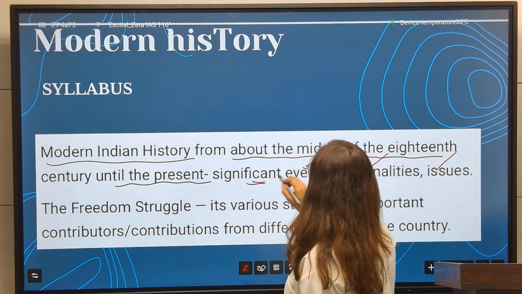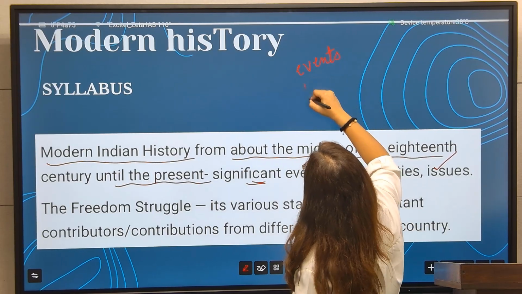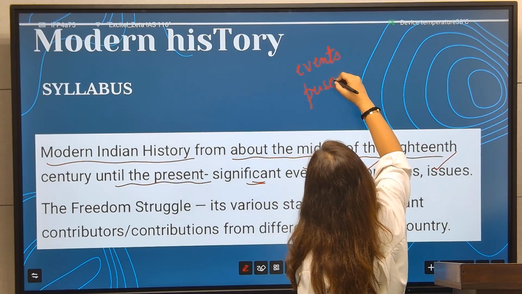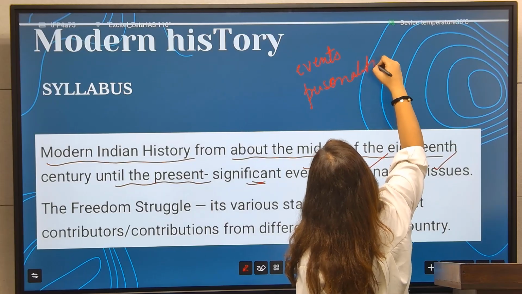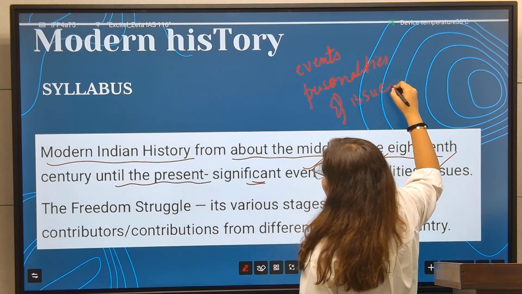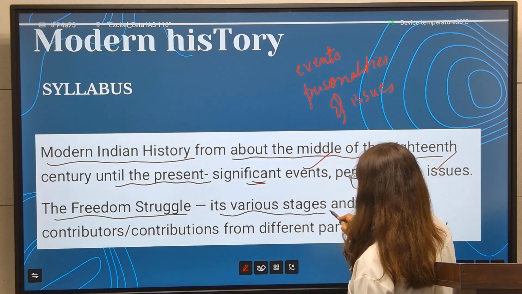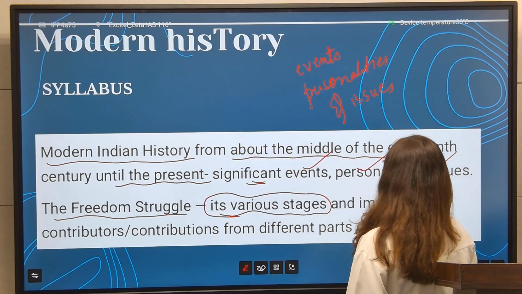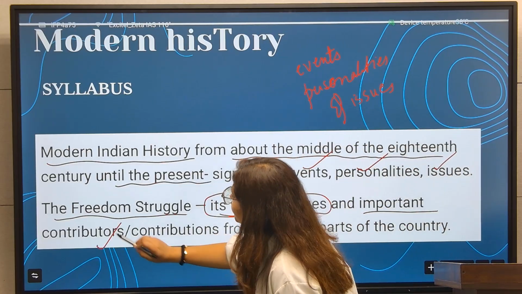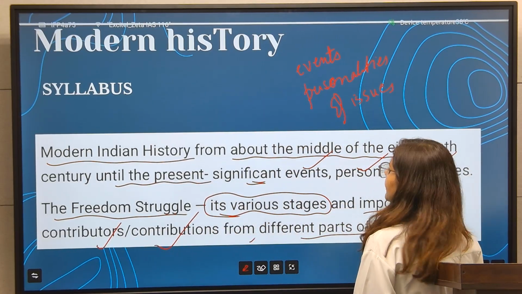So 3 things are there: event, personality, and issues. Then the freedom struggle, its various stages, and important contributors and contribution from different parts of the country.